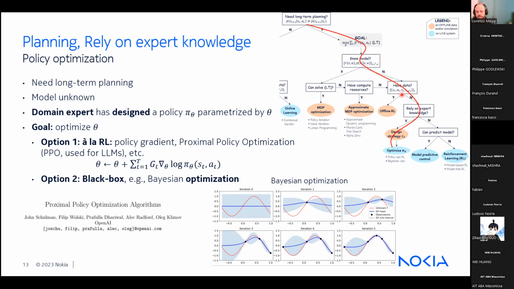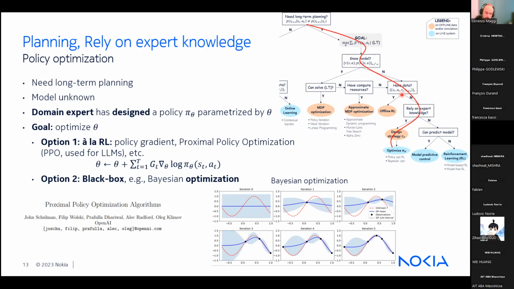The expert will tell you, okay, when the load is high, you should definitely do this, but will not tell you how high the load should be in order to take this action. This occurs very often, at least in my experience in the telecommunication domain. There is a lot of expert knowledge from people who have been working on 1G, 2G, up to 5G, and who know well what they're talking about.